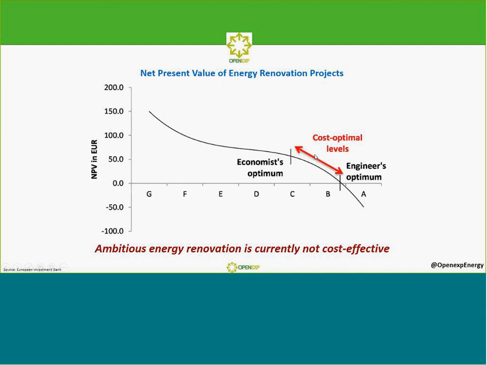Then if you go to the cost optimum level using the cost optimum methodology and the input data needed for it, you push the energy requirements a little, but we are still far from where we should be, because what is below zero are the projects that are currently not financed because they are not cost effective.